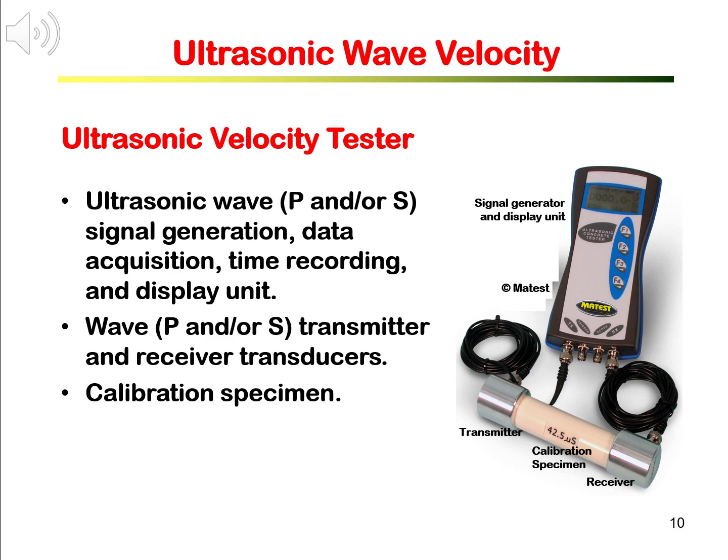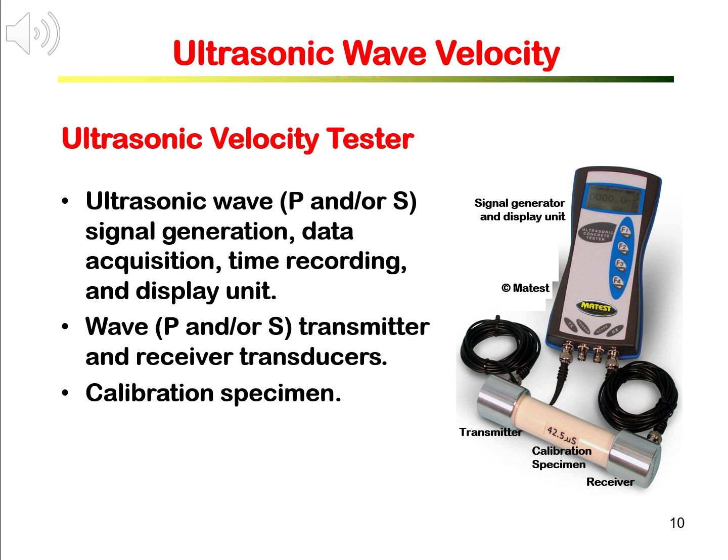The ultrasonic velocity tester system includes the signal generator and display unit that generates the ultrasonic wave signal, and records and displays wave traveling time. It is connected to the wave transmitter and the wave receiver transducers.